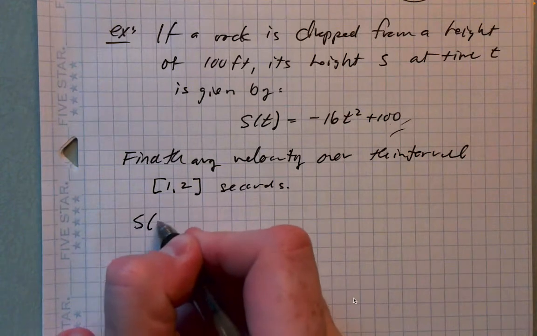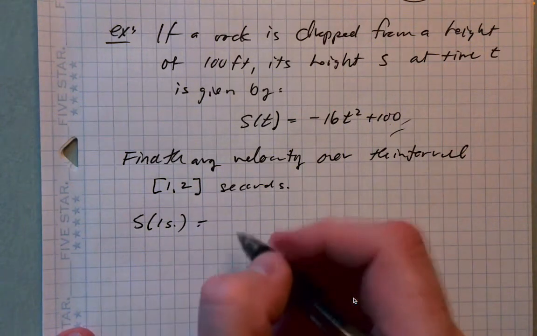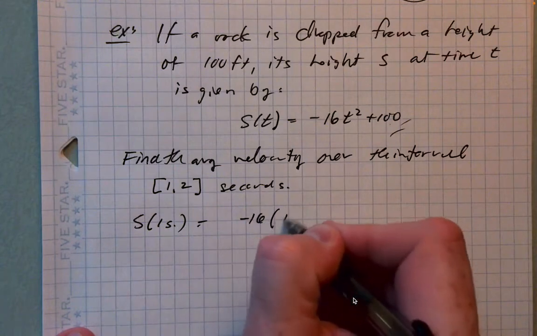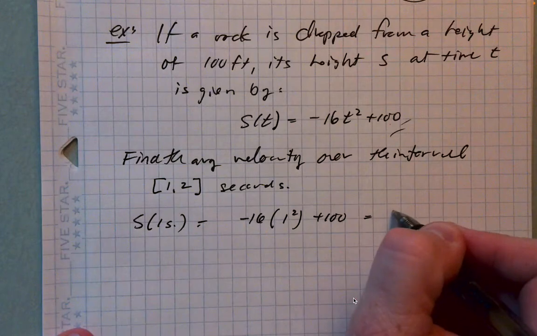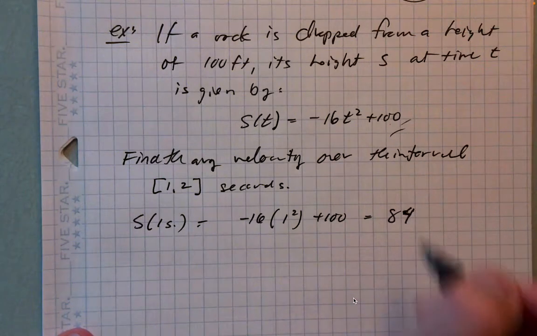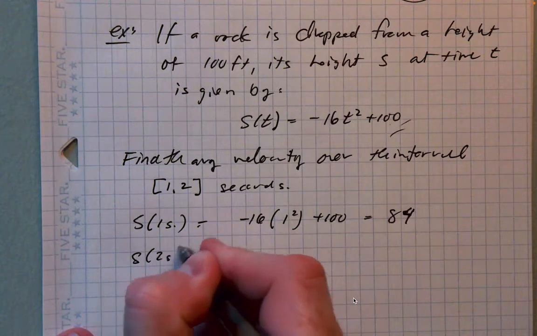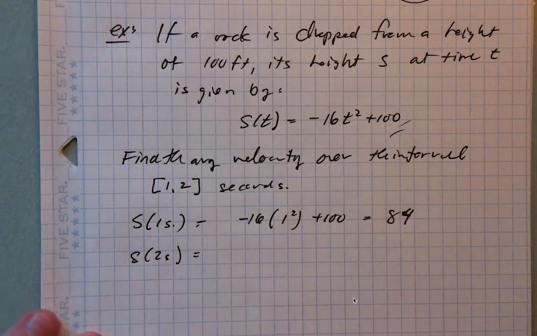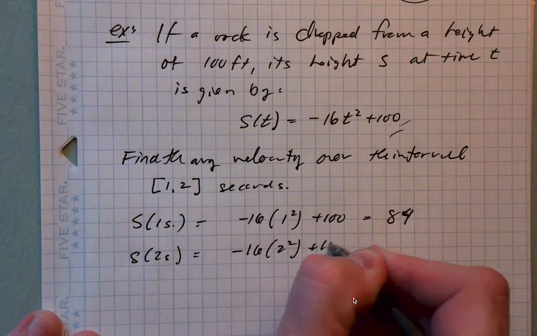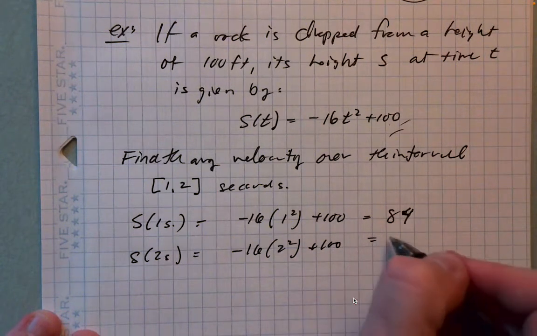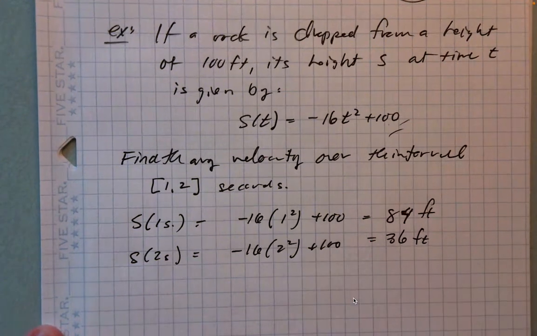So s of 1 second is negative 16 times 1 squared plus 100. So the rock is now 84 feet off the ground. s of 2 seconds is negative 16 times 2 squared plus 100, and you plug all that in, you get 36 feet. So these are feet. This tells you how high it is after 1 second, after 2 seconds.